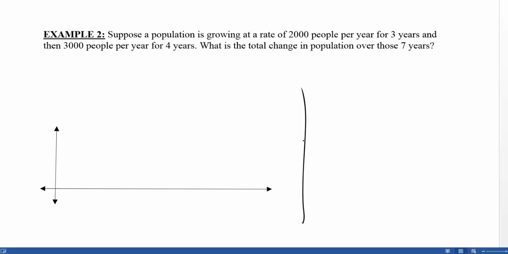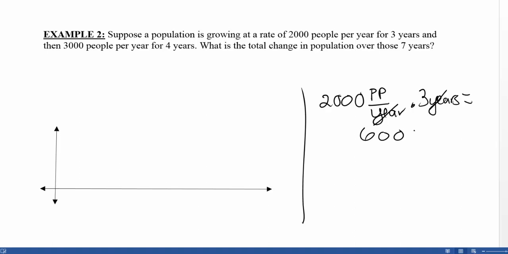So again, I can look at each part of this population growth individually. So first I had 2,000 people per year, and that was for 3 years. So again, my units match up and they cancel here, and I get 6,000 people. And then for the second part of my population growth, I have 3,000 people per year.